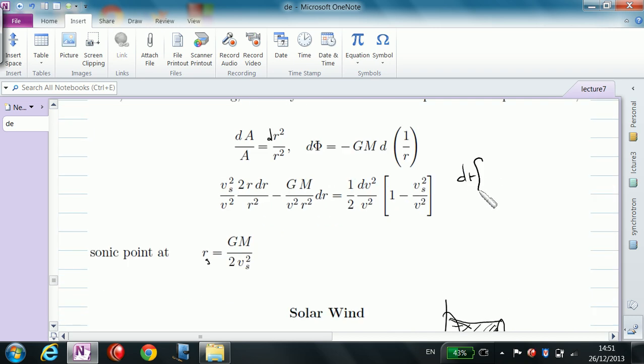dr times vs squared over v squared times 2r over r, minus GM over v squared r squared, is equal to 1/2 v squared over v squared.